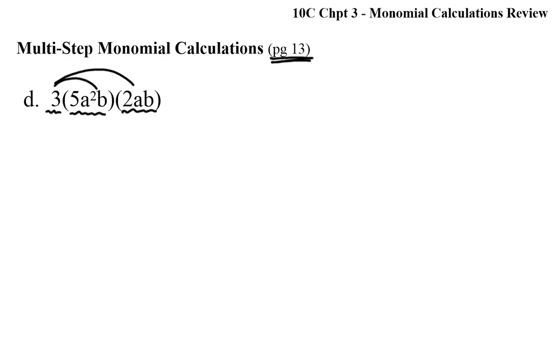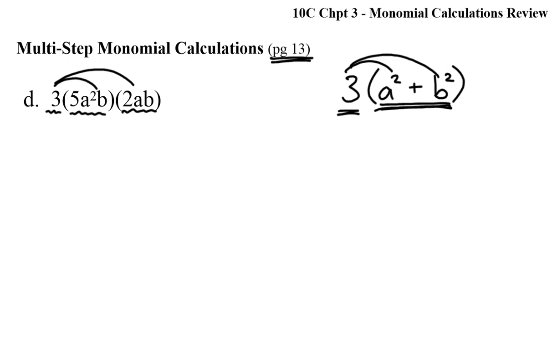We're going to talk about that in a second, but 3 would only be distributed if I had a binomial inside. 3 times a 2 term. That's when I would distribute. But that's not what we have here. It's a 3 times a 5a squared b times a 2ab. This is all one big chunk of multiplying.